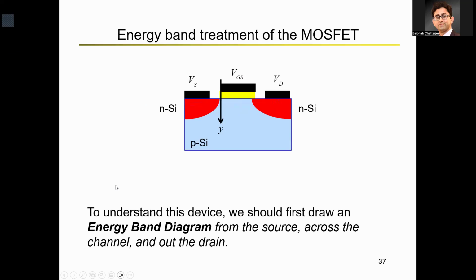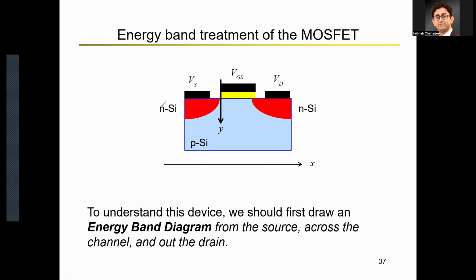All right. Now, to understand what would happen for a MOSFET, we'll consider our x-axis along the channel. So through the source, then the channel, and then through the drain. We'll look into the energy band diagram in this case. And remember that this is N, this is P, and this is N once again.